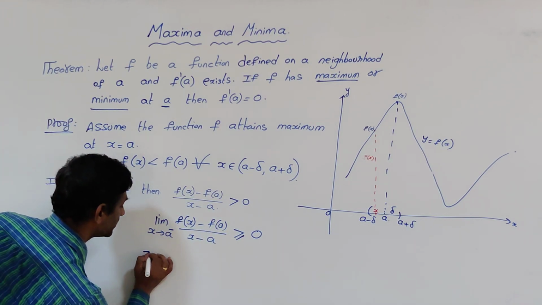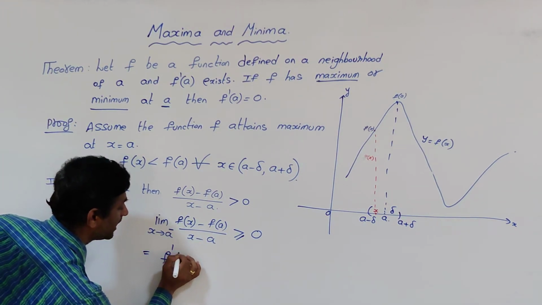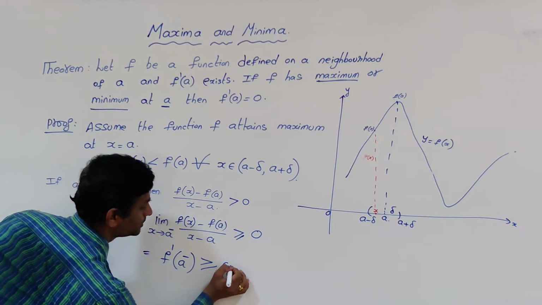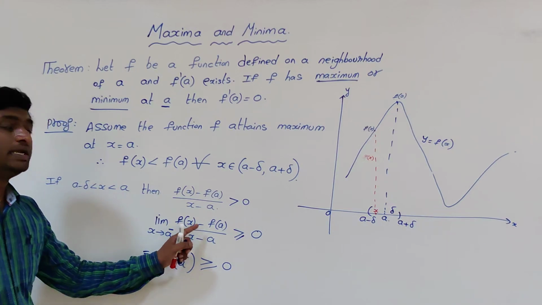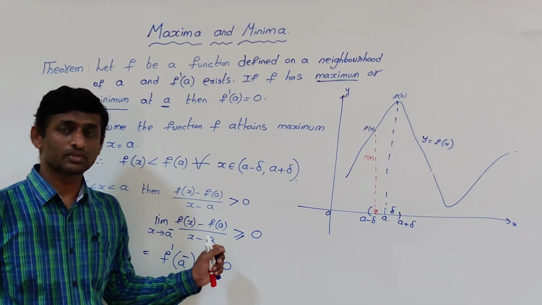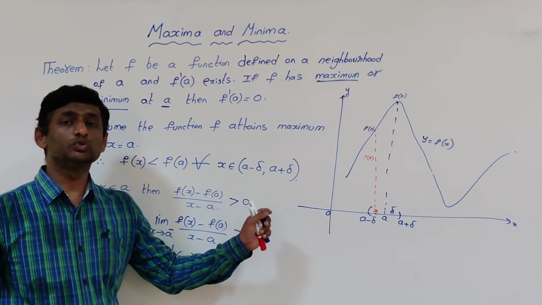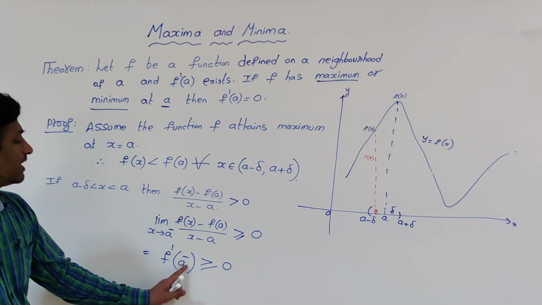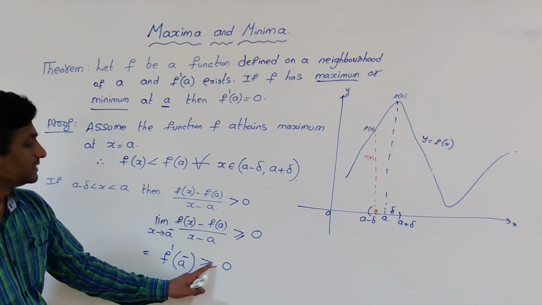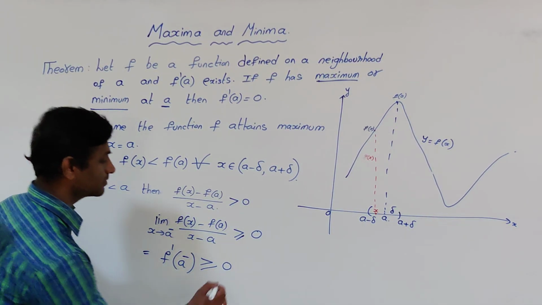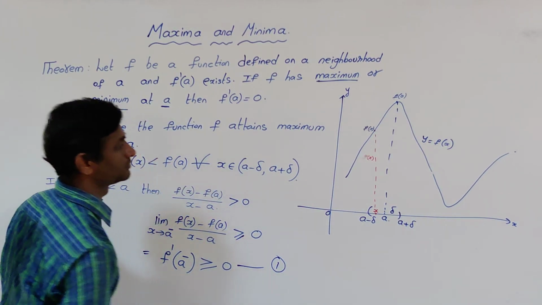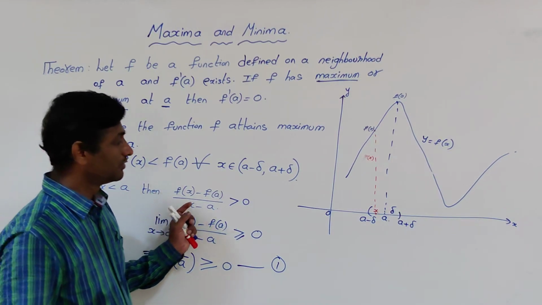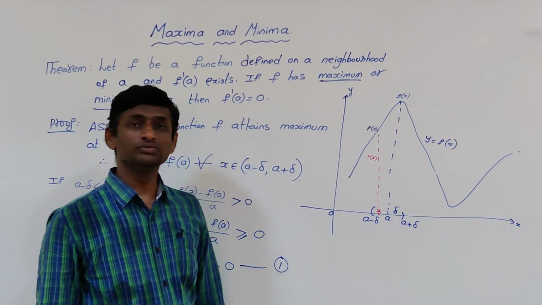It gives the derivative: f dash of a minus will be greater than or equal to 0, because it gives the derivative of the function when x is approaching a from the left side. So that is f dash of a minus is greater than or equal to 0. Assume that this is 1. So the left hand derivative is greater than or equal to 0.